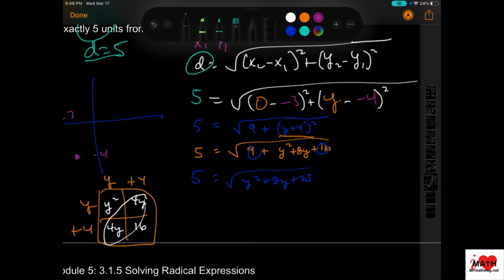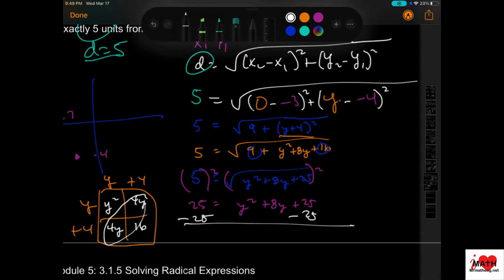I'm going to square both sides, get rid of the radical sign. And then I'm going to subtract. And we'll get 0 equals y squared plus 8y.